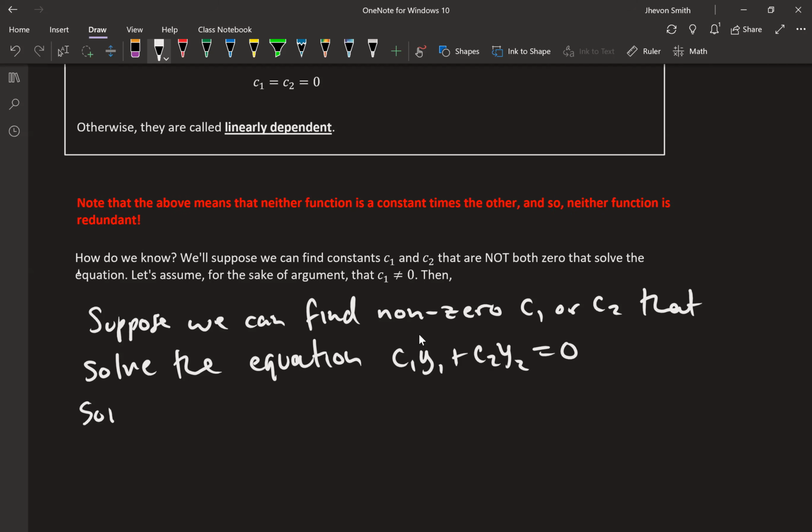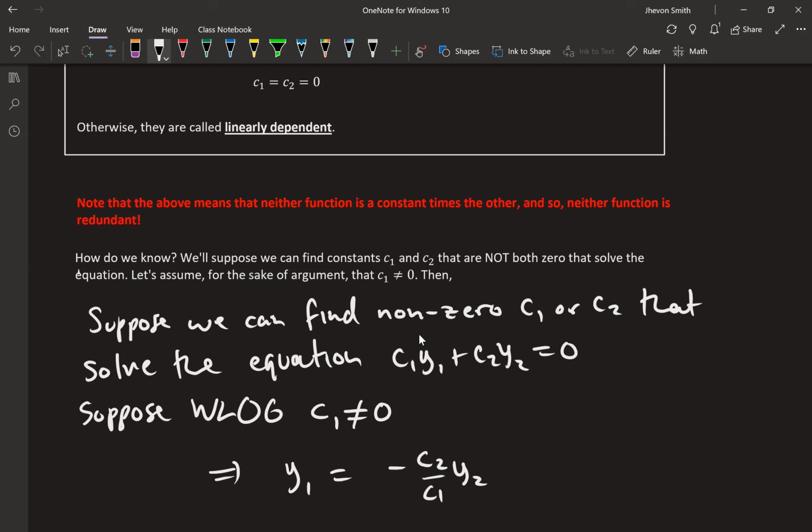And suppose, for the sake of argument, and it'll work the other way, suppose without loss of generality, which is a term that just means that if we pretended the other one was not 0, we get the same thing, that our C1 is not equal to 0. This means I would be able to solve for y1, and my y1 would be written as C2 divided by C1 times y2. In other words, this would mean your y1 is a constant times y2.